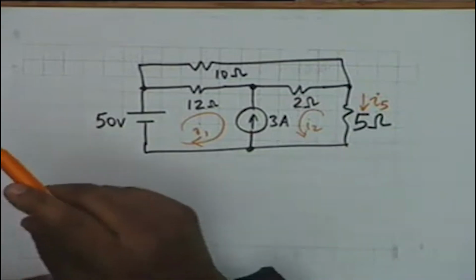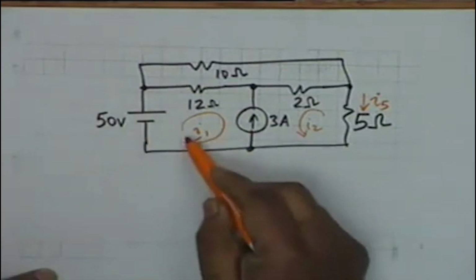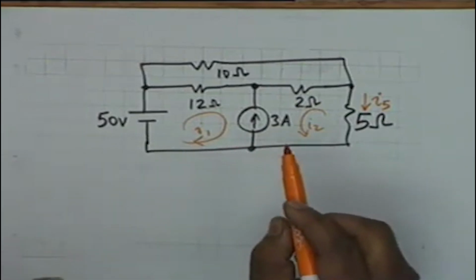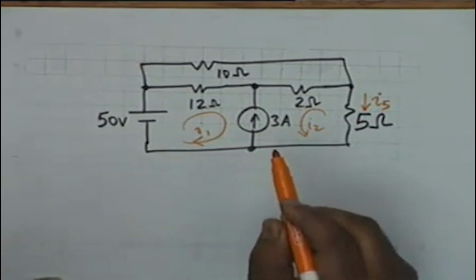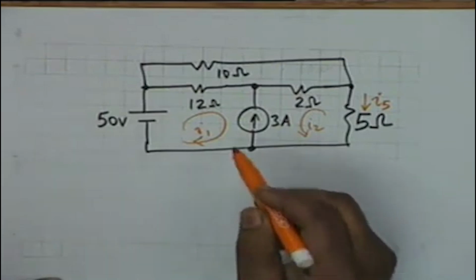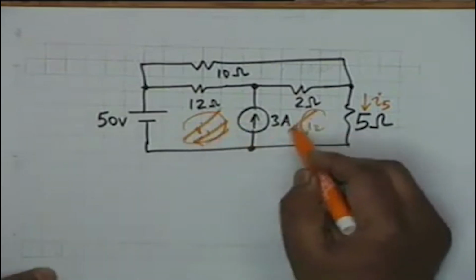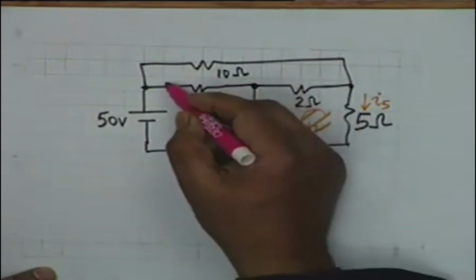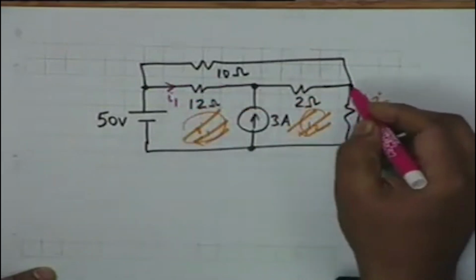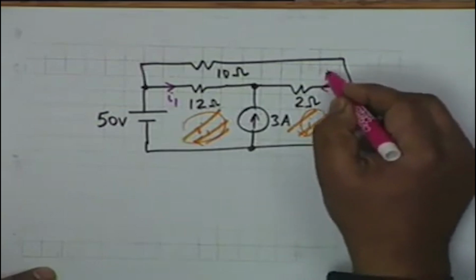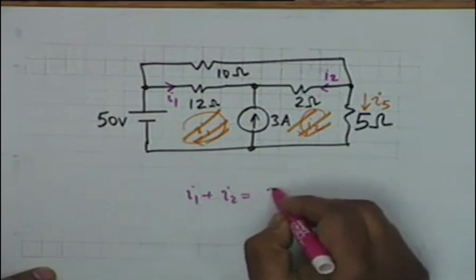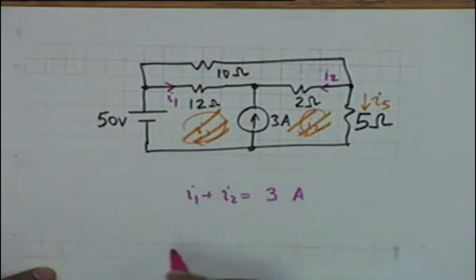Is the problem clear? You cannot write a KVL around this loop, and therefore the better strategy is that you do not formulate loops. What you do is you formulate branch currents. Then you will see how simple the problem becomes. Let us say this is I1 and let us say this is I2. Then you know that I1 plus I2 must be equal to 3 amperes. Isn't that right?